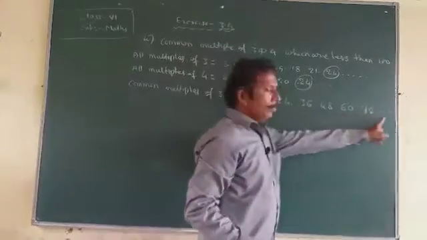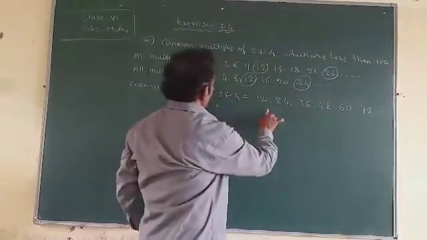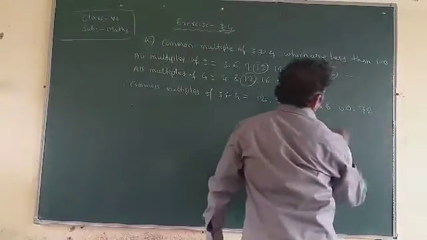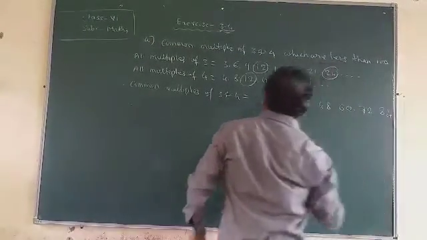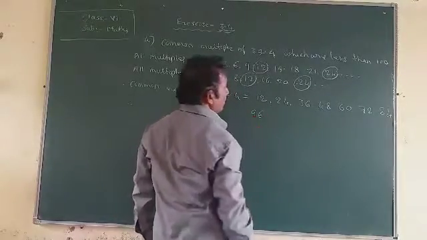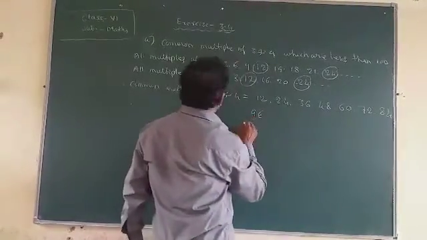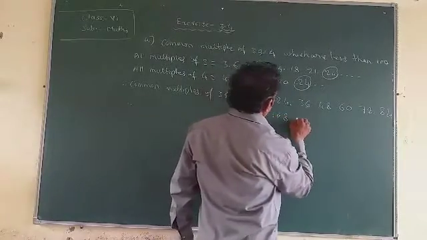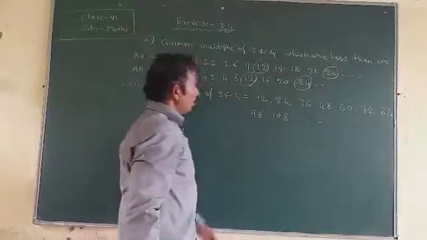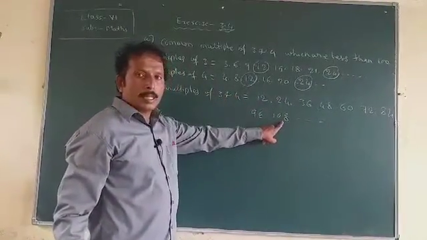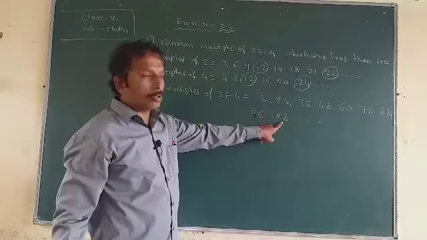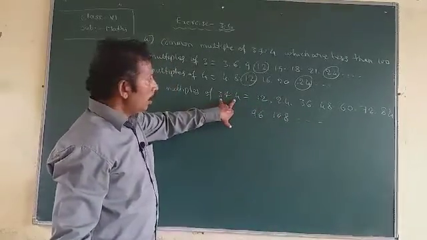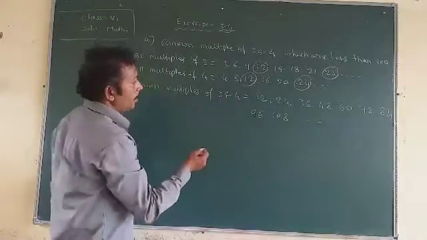Now all these are the common multiples of 3 and 4. After 72, 84, then 96, then 108, etc. Now 108 is more than 100, but we want the common multiples of 3 and 4 to be less than 100.